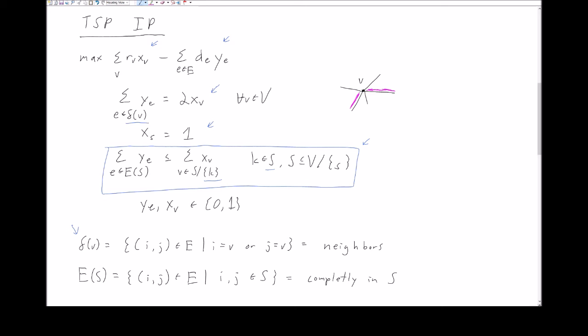Here we've introduced new notation E of S. E of S is the set of edges that are completely contained inside of S. That is, both endpoints have to be inside of S. We'll examine the subtour elimination constraint in the next slide.